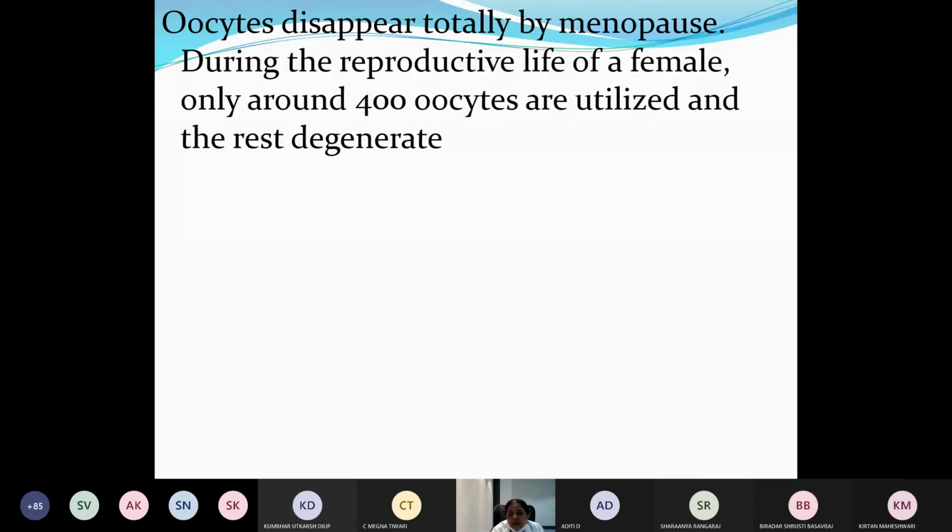During the reproductive life of a female, only around 400 oocytes are utilized and the rest degenerate.